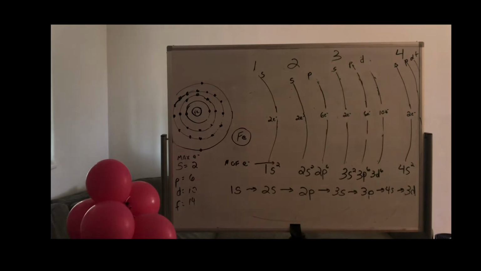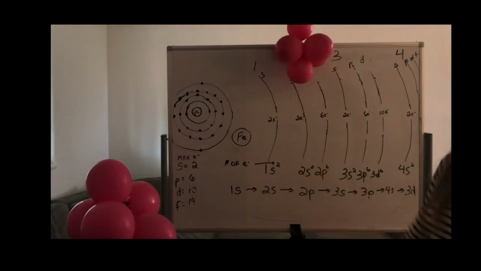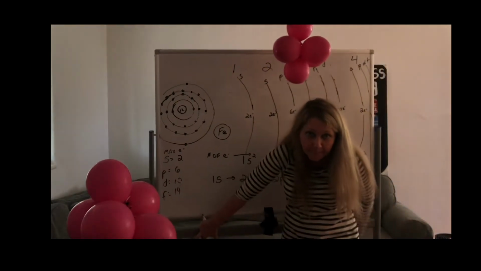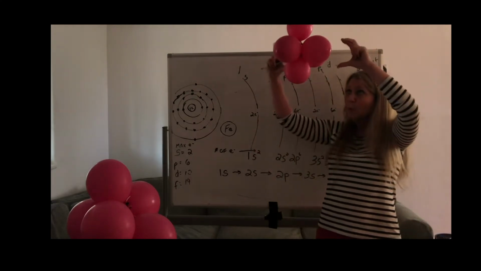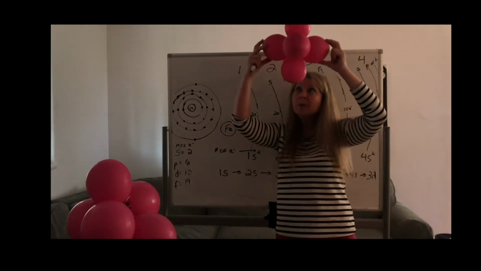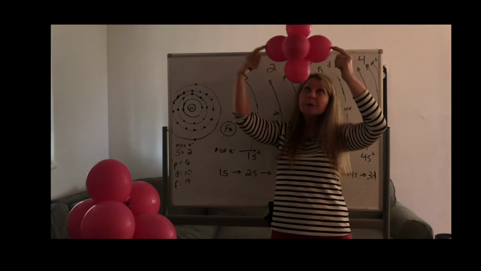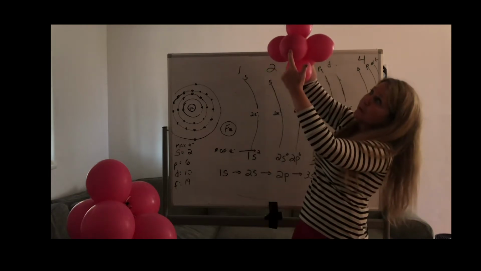But since it's 3-dimensional, we also have a diagonal. So here, it looks something like this. So we have a p orbital here, so an electron here, 1 up here, an electron here, and then one here and one here.